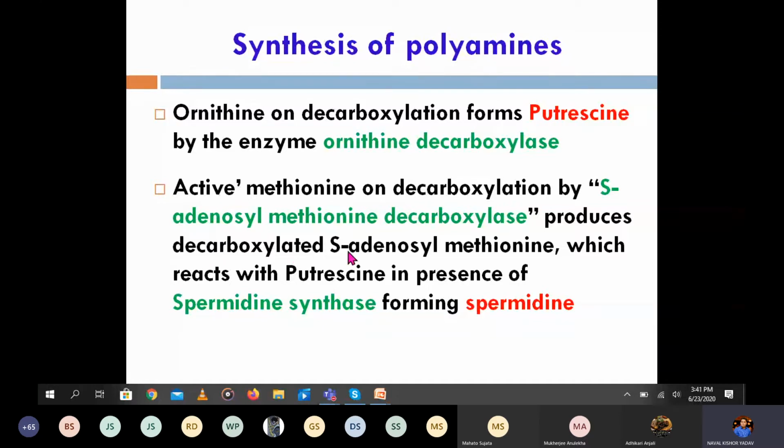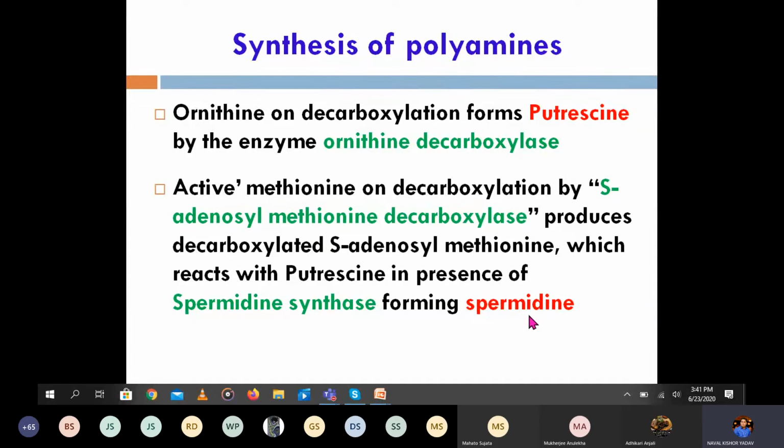The decarboxylated S-adenosyl methionine is formed from active methionine by S-adenosyl methionine decarboxylase. This is how the polyamine spermidine is formed from ornithine, via putrescine.